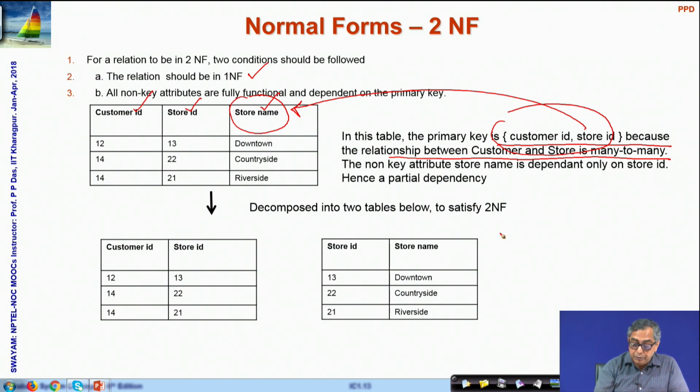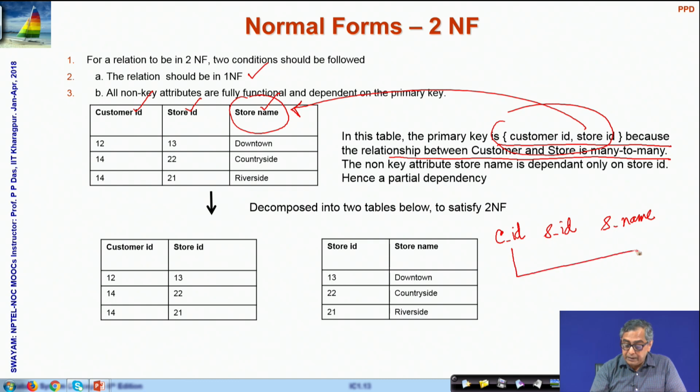So, what do I get? I get customer ID, store ID, store name, and certainly one dependency would be that customer ID and store ID determine the store name, because that has to be the key, and similarly store ID determines the store name.